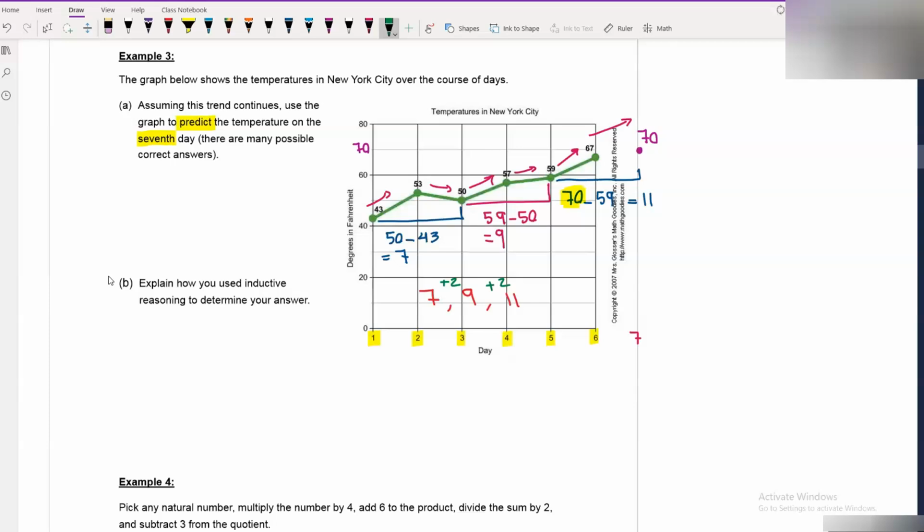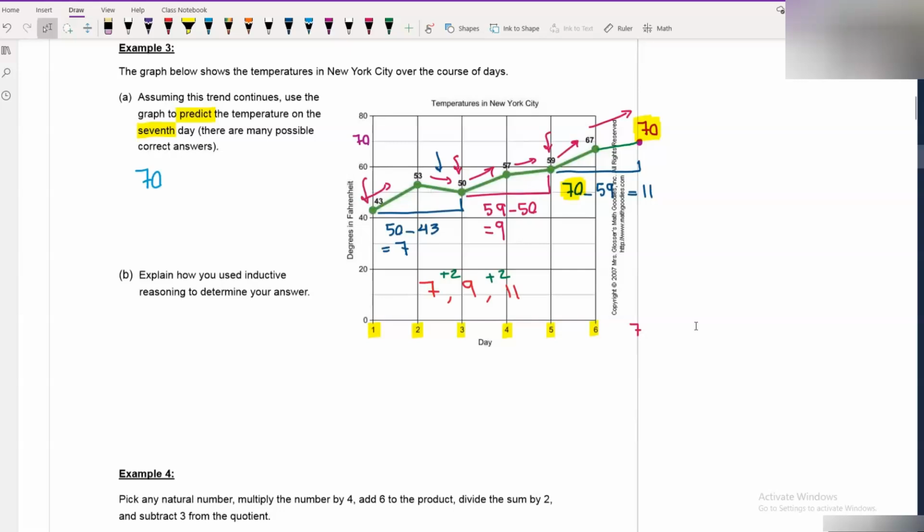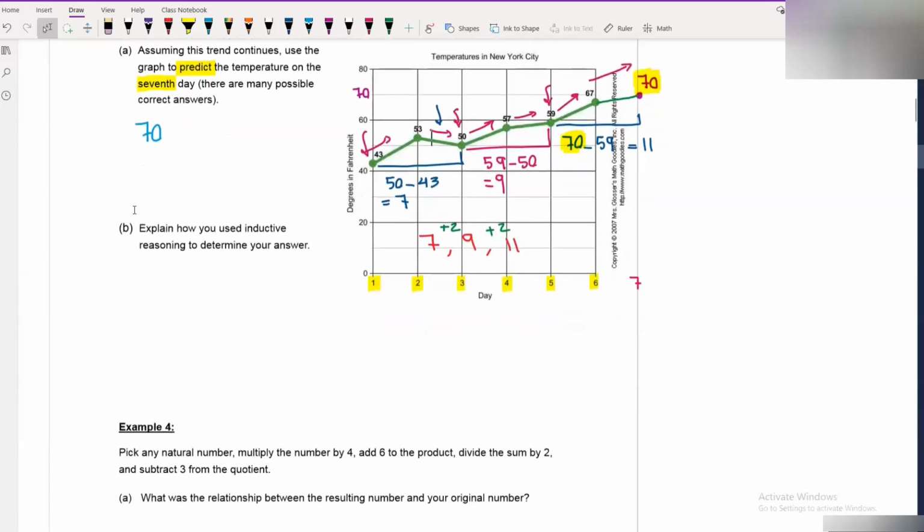And it's increasing. This is not the only method we can use. You may be able to find different patterns, but the answer you are going to have will be very close to 70. Maybe 71, 72, or 69. So I used this pattern and I got 70.